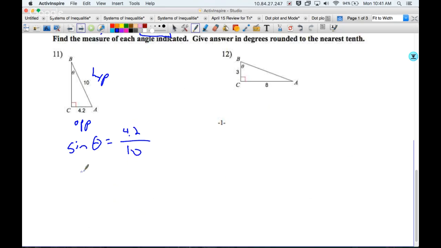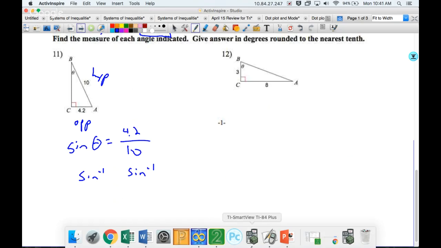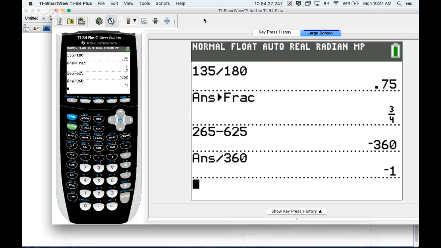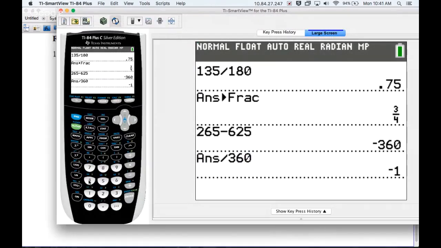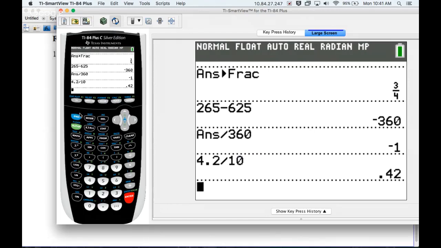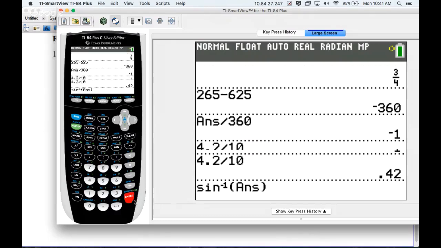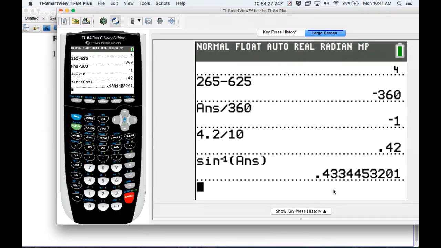To get theta by itself, I do the inverse sine to both sides. All right, so 4.2 divided by 10. Take the inverse sine, so second sine of that number, and I get 0.43.